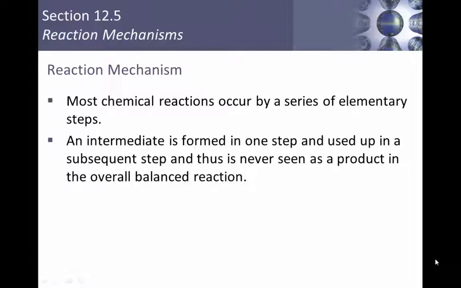We have transition states forming, and we have intermediates forming. An intermediate is a substance that forms in one step and then in the next step gets used up, so you don't see it in the product. Let's look at a mechanism of a reaction in the next slide.